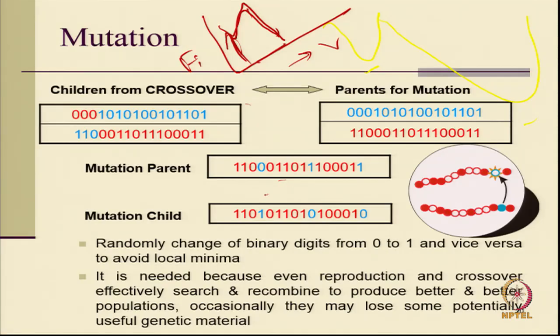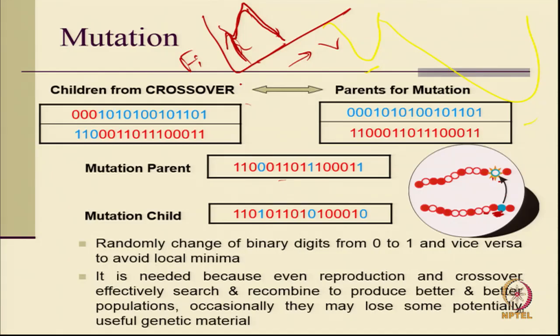For example, if blank is 0 and red is 1, in the new population everything remains the same, but this one was red and now becomes blank, so you have changed 1 to 0. The probability of this is very low; you do not do it every time, only once in a while.